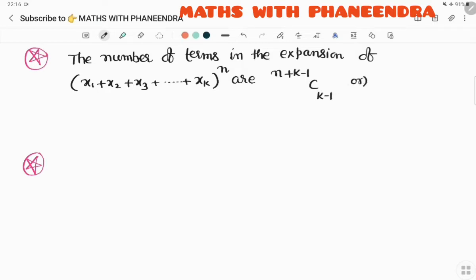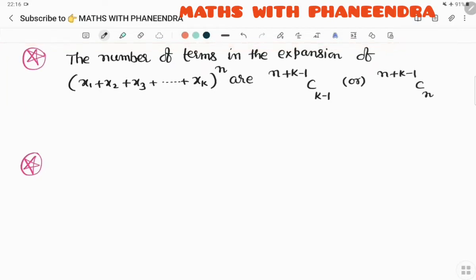We know that nCr is equal to nC(n minus r), so with n as n plus k minus 1 and r as k minus 1, it becomes n plus k minus 1 C n. Either formula you can apply.